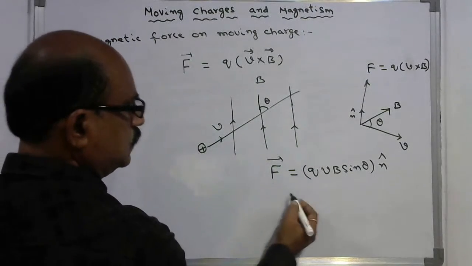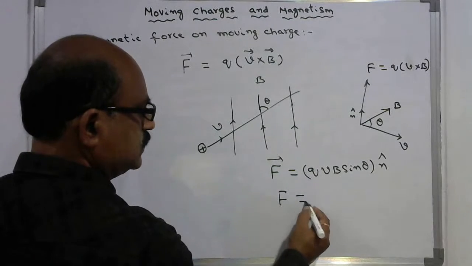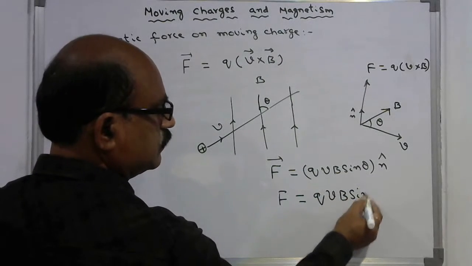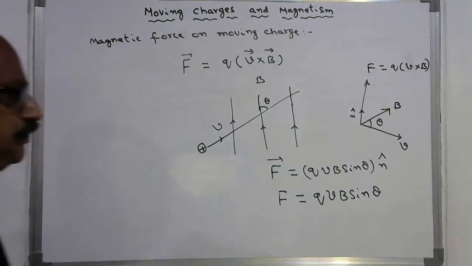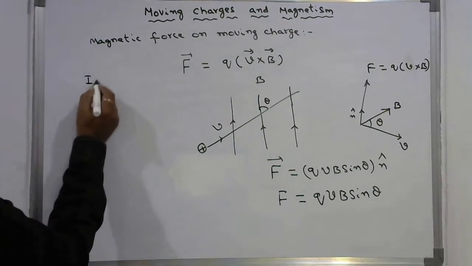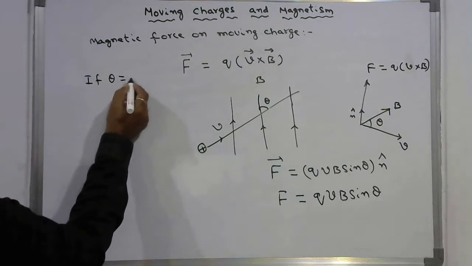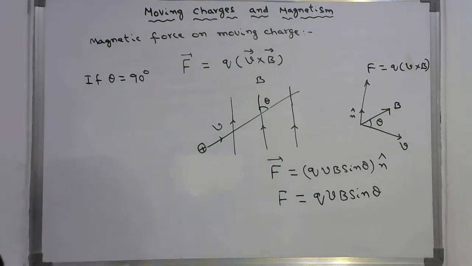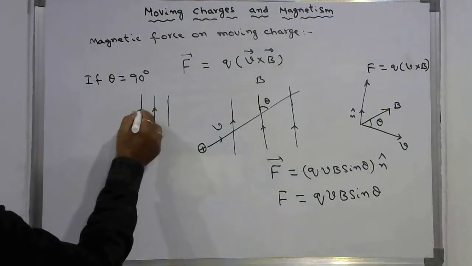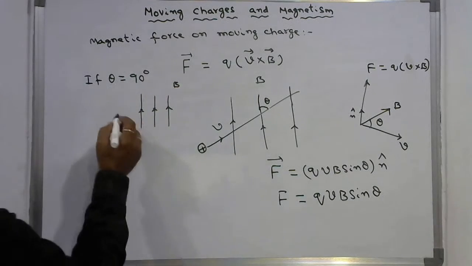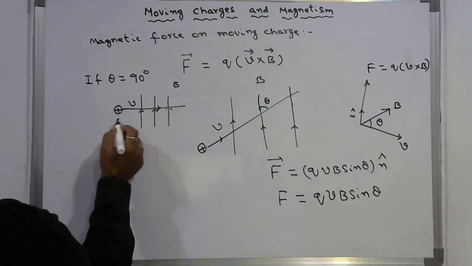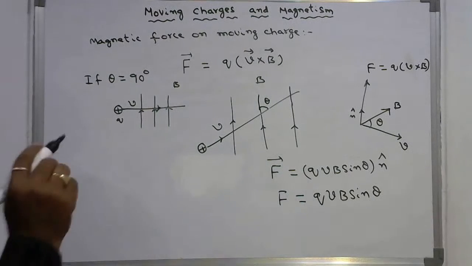So the magnitude of the force is equal to QVB sin theta. Now let us see, if theta is 90 degrees, this is the magnetic field, and the charge is moving normal to the direction of the magnetic field.